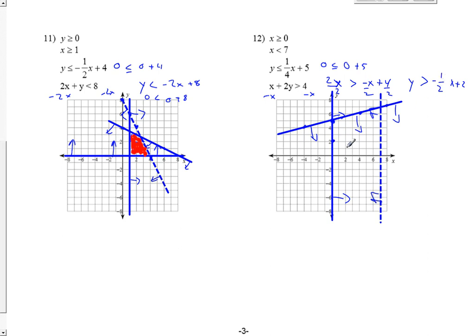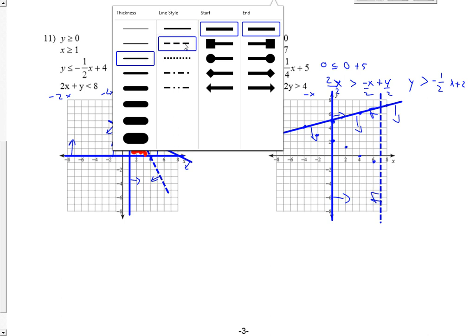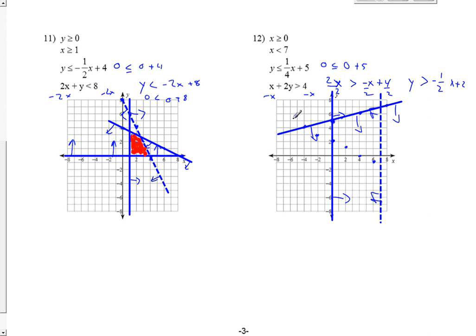So down 1, right 2. Down 1, right 2. Down 1, right 2. Okay, I could also go up 1 and left 2. All right, and this is a dotted line. So when I go in here, I need a dotted line. And I graph that. So there's my dotted line.